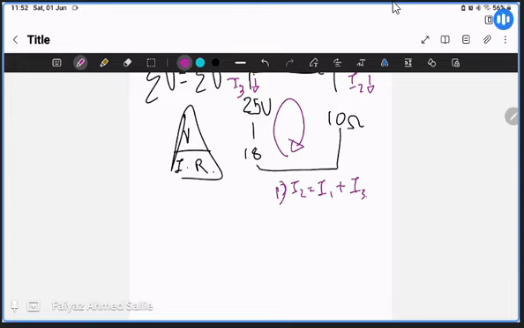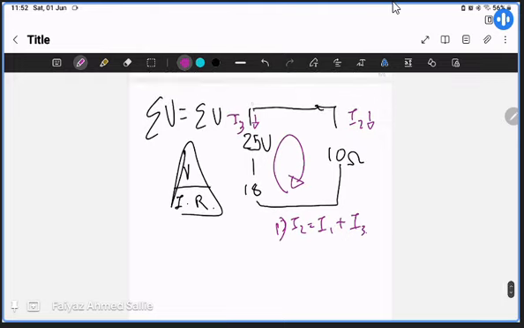Okay, so let's solve this equation. On our right hand side we have 25 minus 18 I3 equal to 10 I2, because this is a resistor times I3. So we know that I2 is equal to I1 plus I3.